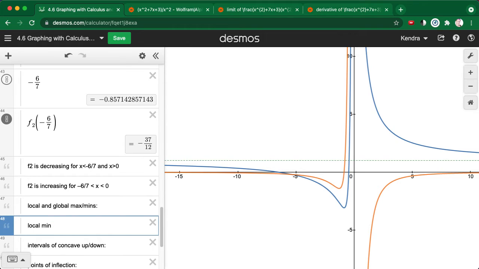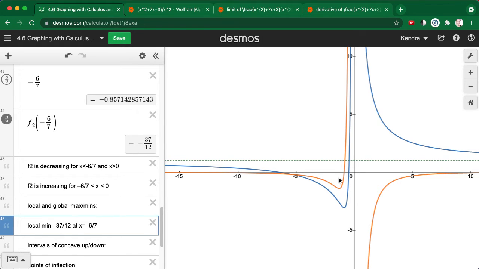The minimum output value is negative 37/12 at x equals negative 6/7. Okay.